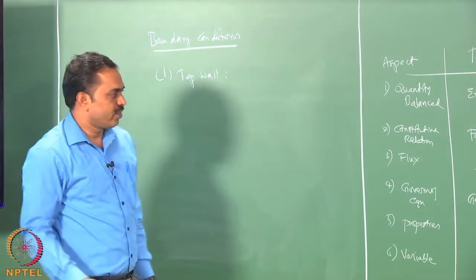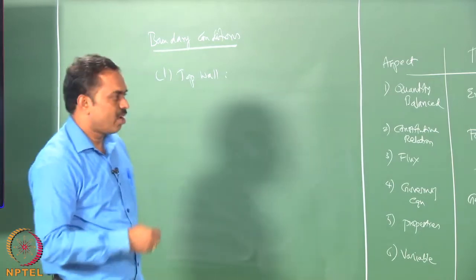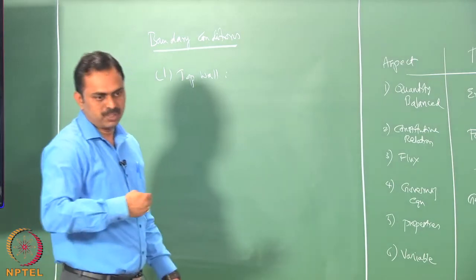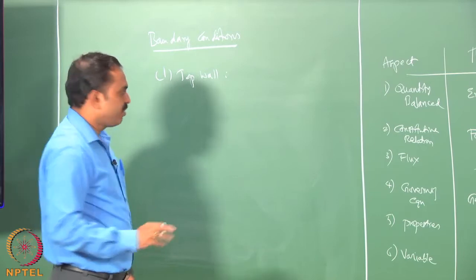So, we should ask a question whether or not there is an influx of any alloying element from the top, and it would be generally present if there is a filler.